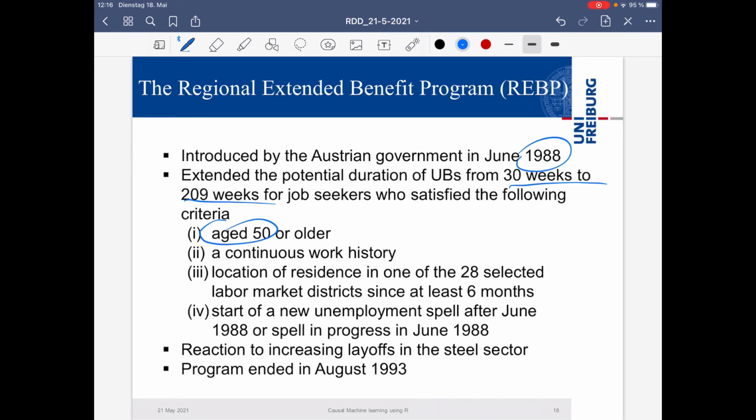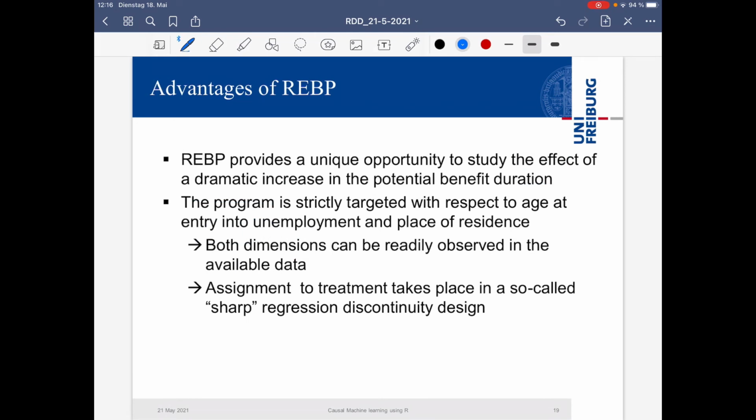And the program ended in 1993, so this is an ex post evaluation. This program provides a unique opportunity to study the effect of a dramatic increase in the potential benefit duration. The program is strictly targeted with respect to age at entry into unemployment and place of residence. So we have a sharp regression discontinuity design, as long as assignment cannot be manipulated, which is the case here.